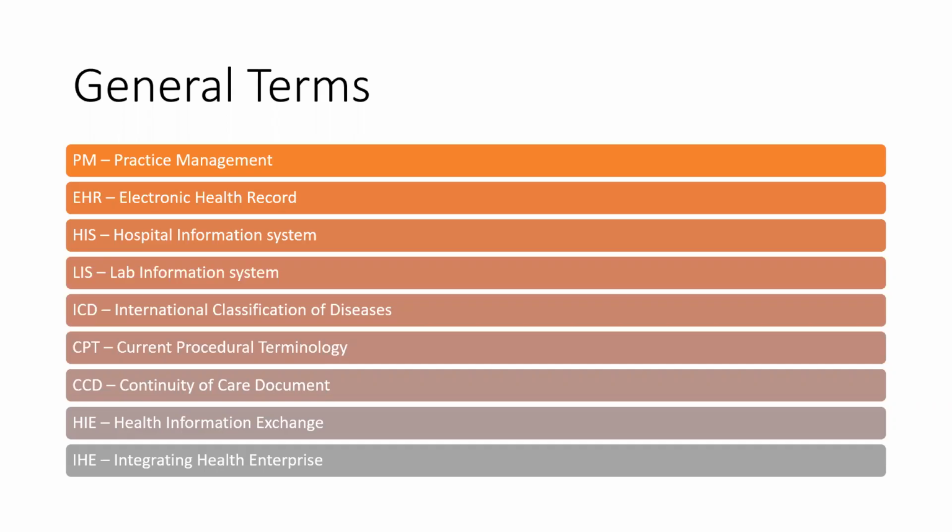HIE is a concept called Health Information Exchange, which is used to exchange data between different hospitals, and that is where CCDs and IHEs come into play. So we'll talk about these three aspects at the end of the training. That's about a few general terms.